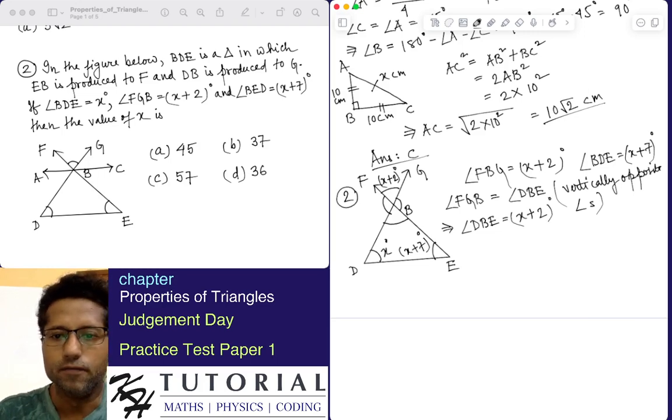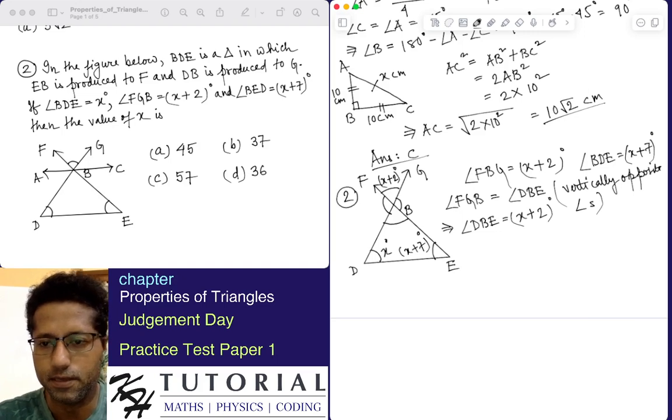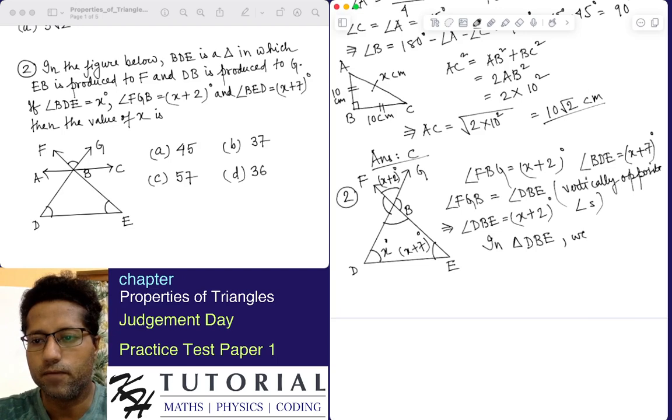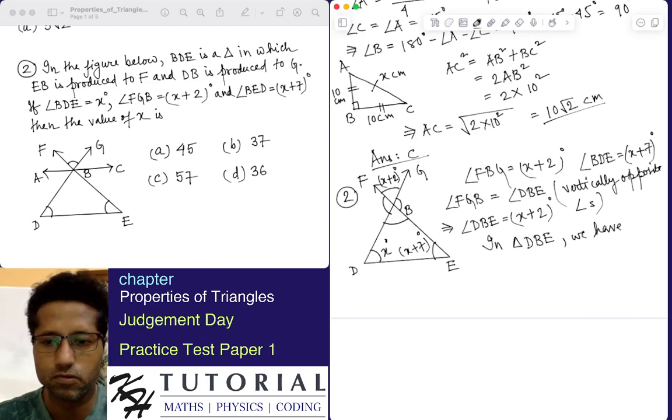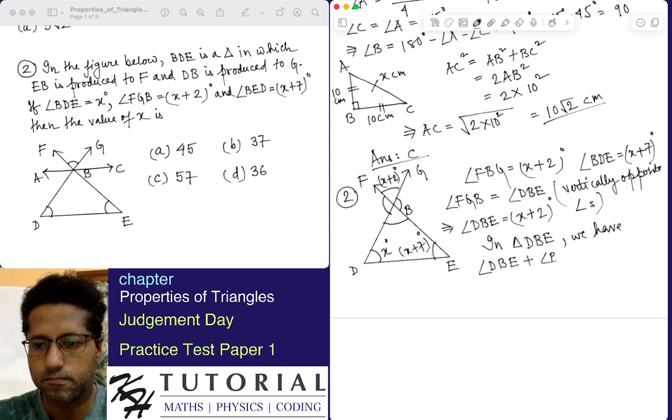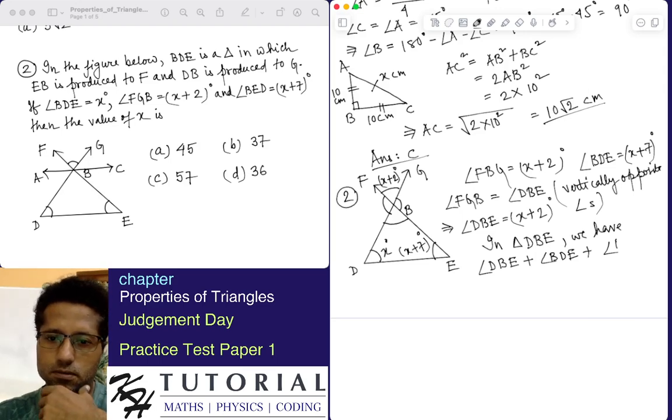So now if you see the triangle DBE, we know the sum of the angles of a triangle is equal to 180 degree. So we must have angle DBE plus angle BDE plus angle BED.